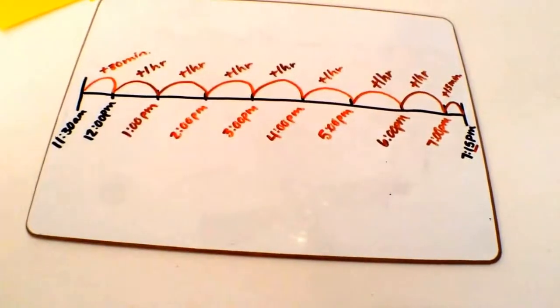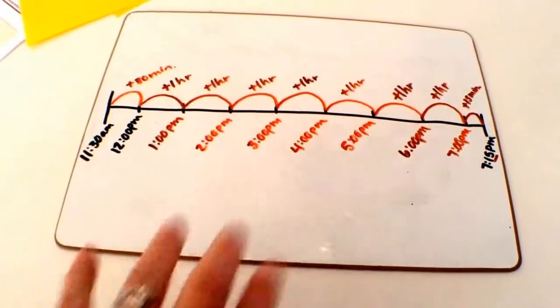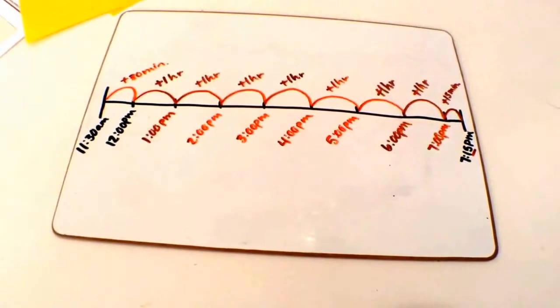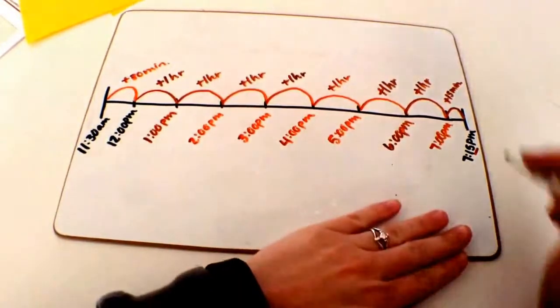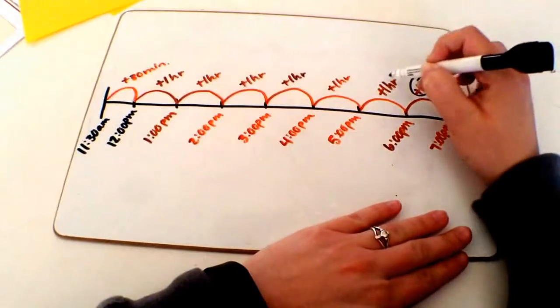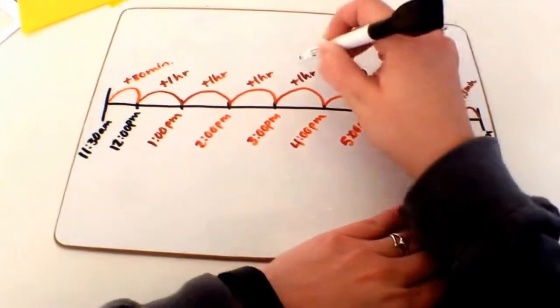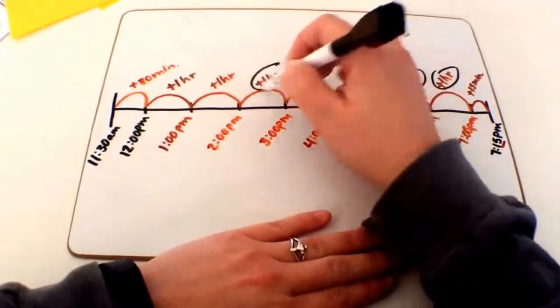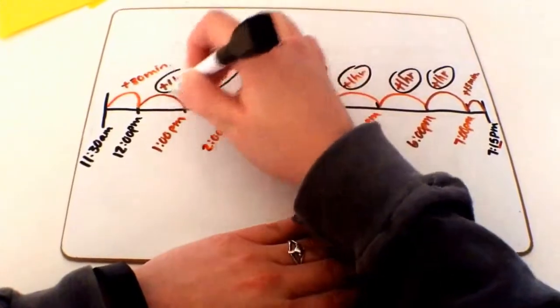Okay, now that we have done our number line, we need to count up the amount of hours that have elapsed so far. Not minutes, just hours right now. So we have 1, 2, 3, 4, 5, 6, 7.